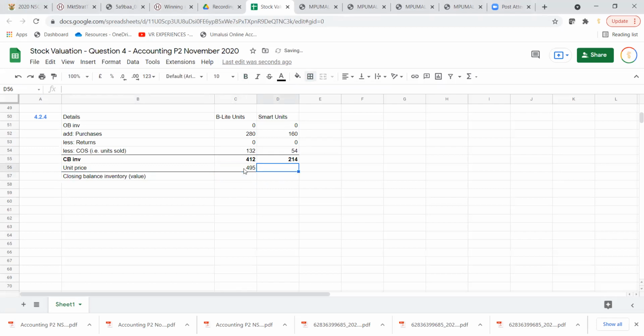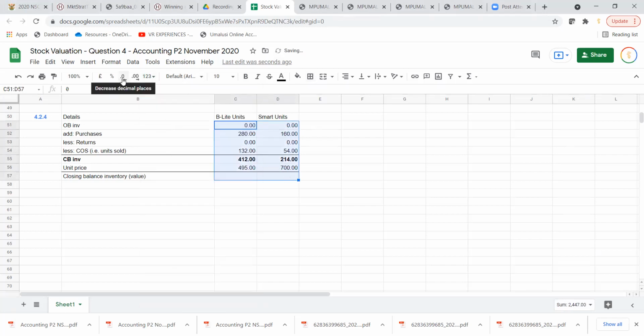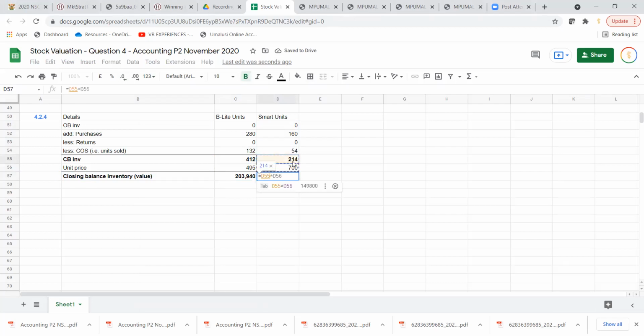For what's the other one now? 495, and this one was 700. Okay, so I'm going to do this. So it'll be 412 multiplied by 495, and then it'll be 214 multiplied by 700.